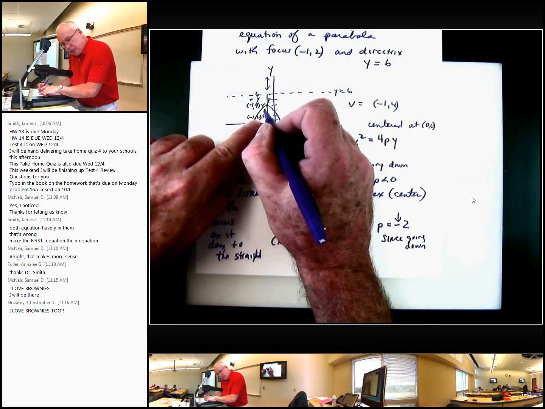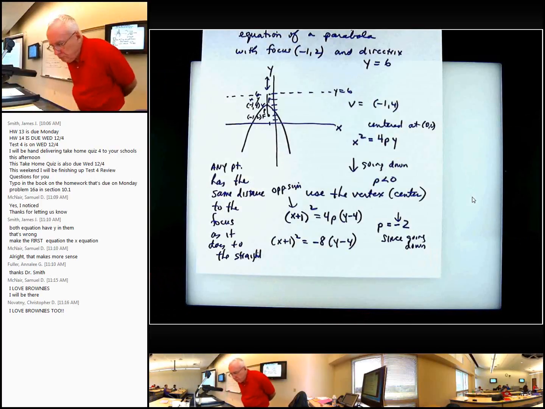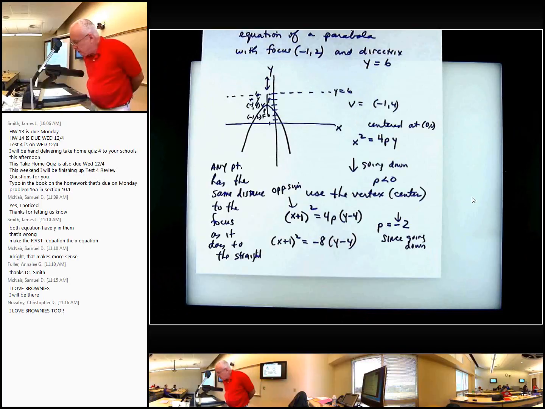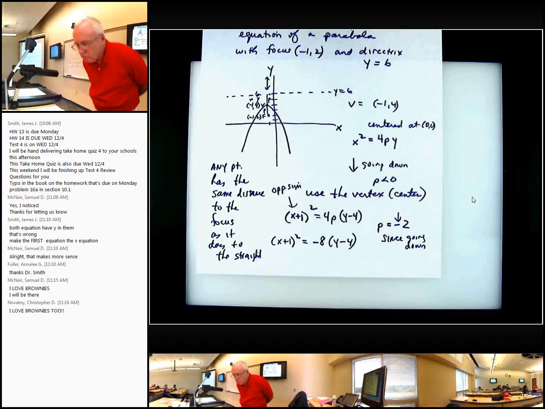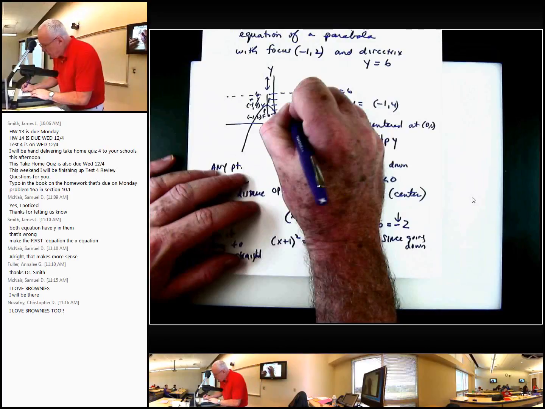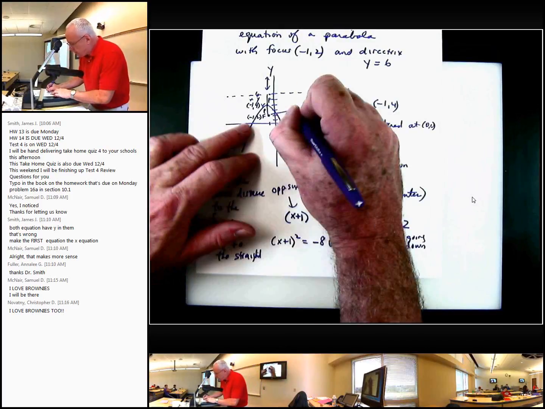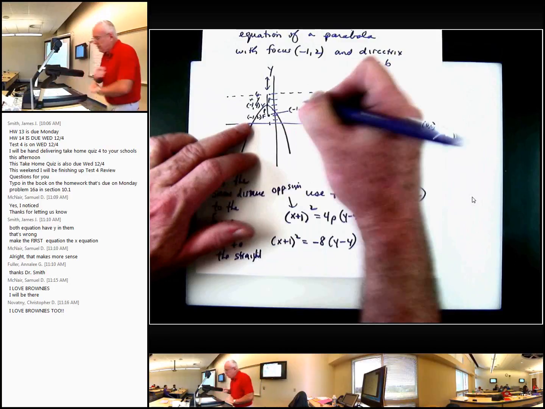The P originally was just the y coordinate of the focus, but this was considered. Here we have a -1, and this is the P right there.